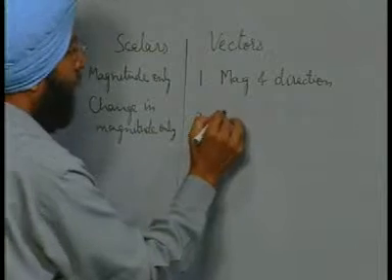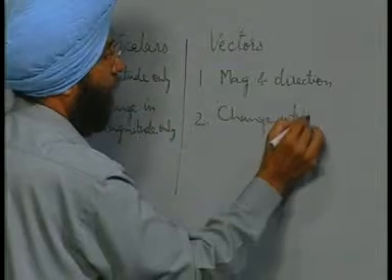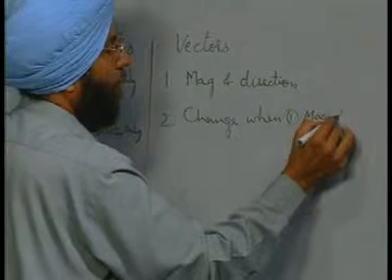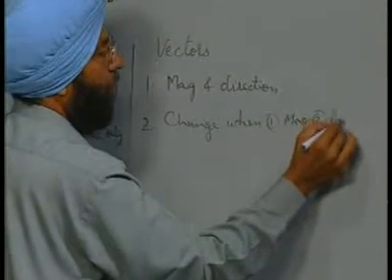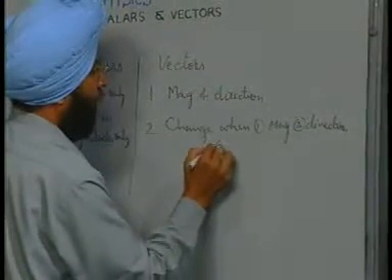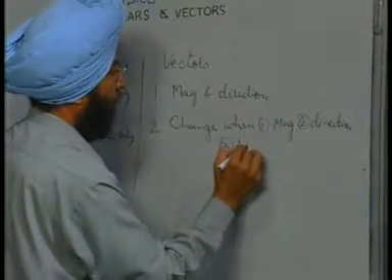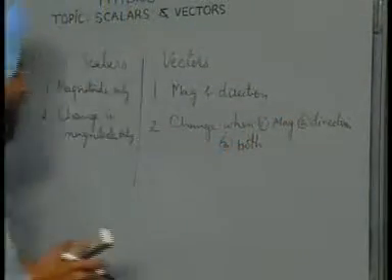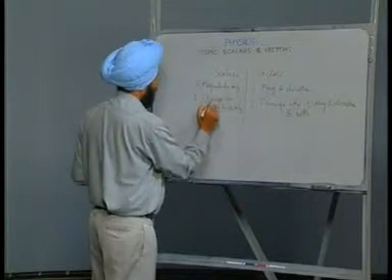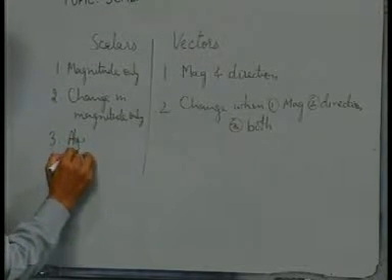Vectors change when their magnitude changes, their direction changes, and number 3, when both magnitude and direction change. Third point is scalars add following the rules of algebra.